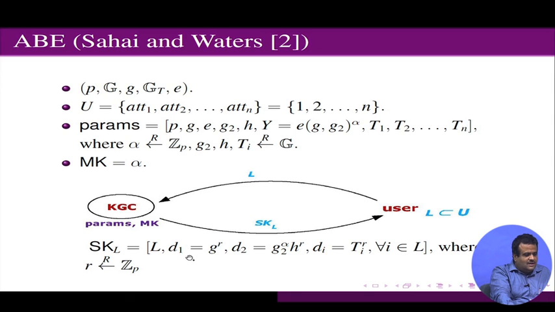D1 is basically G to the power R, D2 is basically G2 to the power alpha, H1 to the power R, and Di is basically Ti to the power R. These Ti's are randomly chosen, and R is also randomly chosen from Zp. So, this is basically the secret key sent to the user.